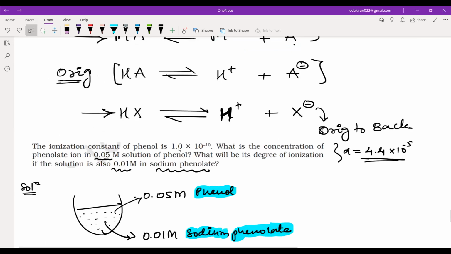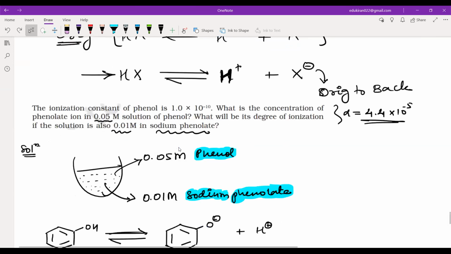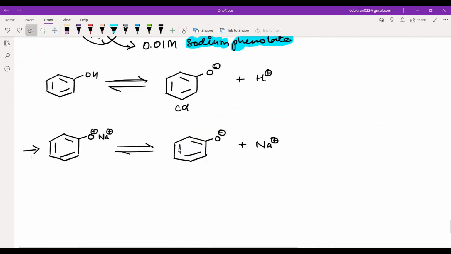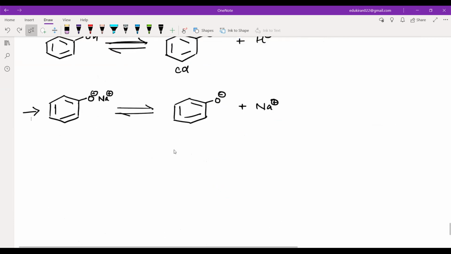They are asking me the degree of ionization if the solution is also 0.001 molar in sodium phenolate. So the concentration of phenol is 0.05, and the concentration of phenolate ion is 0.01. This is something that they have given.